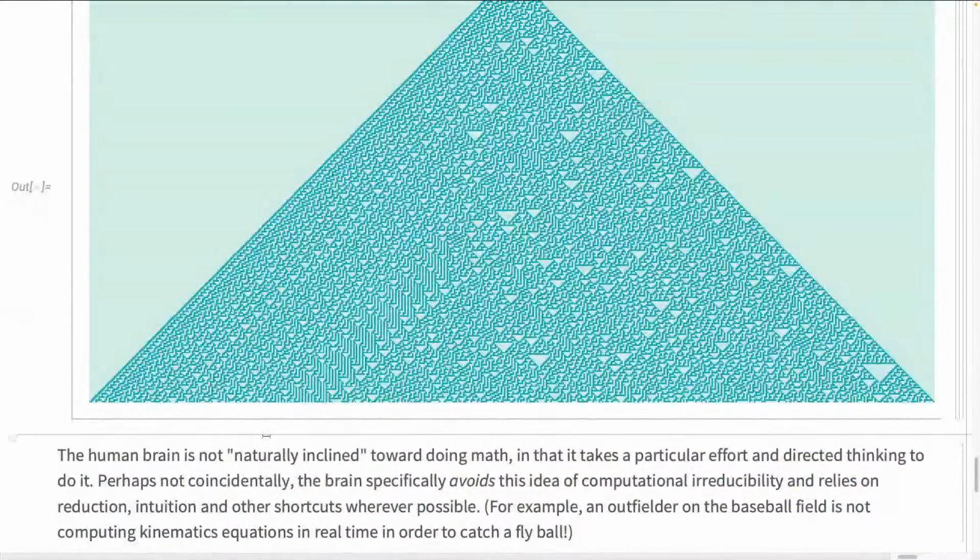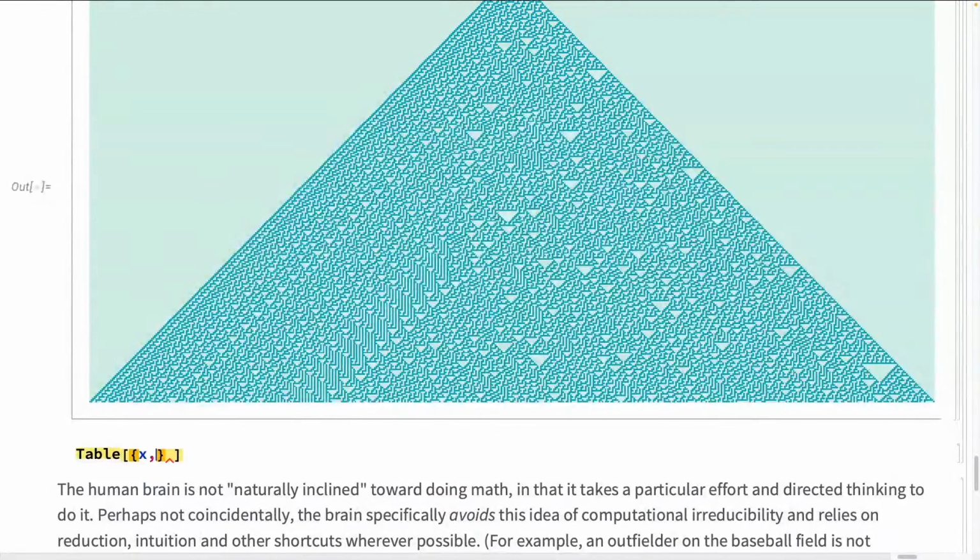Right. Let me give a quick example of overfitting. So suppose I have some data points. Let's do this, and we'll have x go from 0 to 2 pi in steps of 0.1.